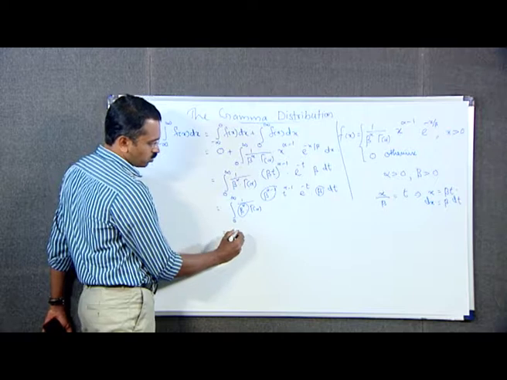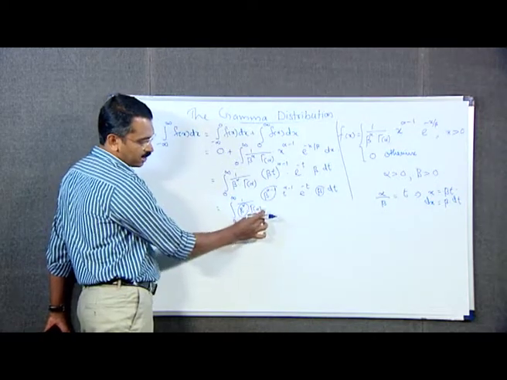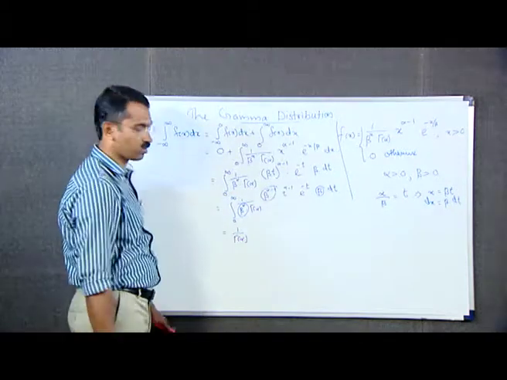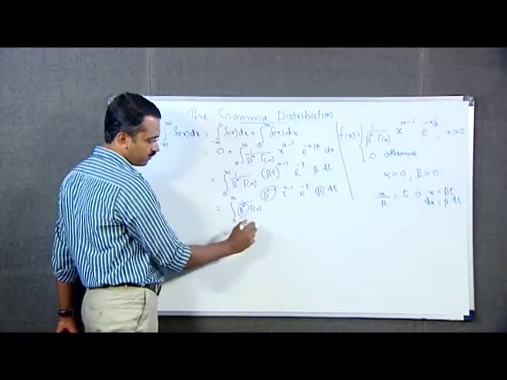The 1/Γ(α) can be taken outside of the integral because it is a constant independent of t.